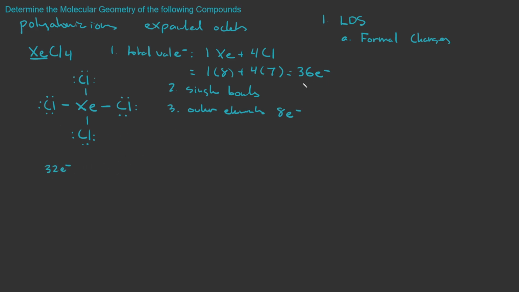But what we've said earlier is that we need a total of 36 electrons. And so I guess step 4 is add leftovers to center. And so we have an additional 4 electrons or 2 lone pairs that need to be attached to our Xe. And so that's what we do right here.